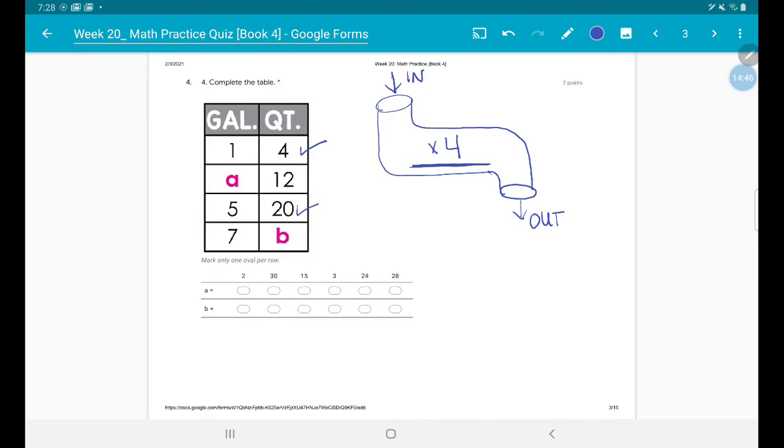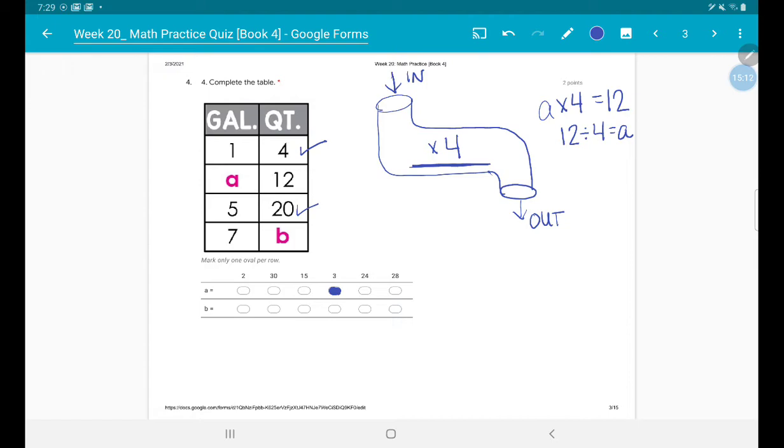So let's see if we can find the value of A. What number would I need to drop in that if I multiplied times 4 when it went through the machine, I would get out 12? The same thing as 12 divided by 4. And I know that A would be equal to 3 because 3 times 4 equals 12.